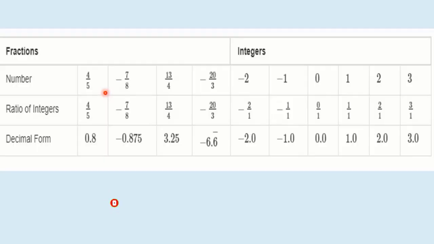So in fractions, the denominator should be not equal to 0 and not 1, because 1 means integers. So fractions are other ratios of integers, where the denominator is another integer. Here the denominator is 3, here 4, here 8, here 5. This is the ratio of integers.